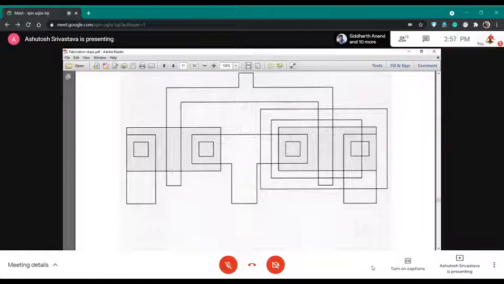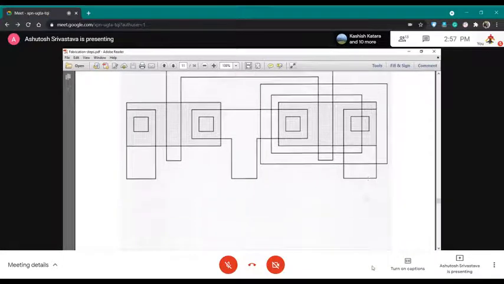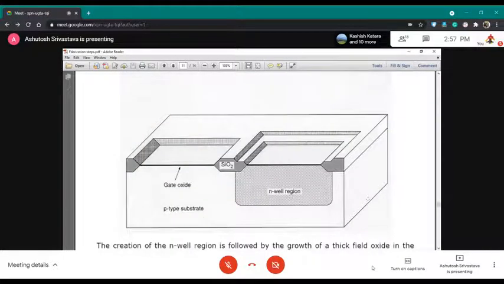While if you see here, this is the gate of your PMOS and NMOS connected to the input. And then the source of your NMOS is connected to your ground. So this is, if you basically try to look from the top.